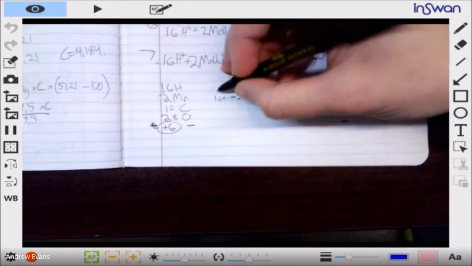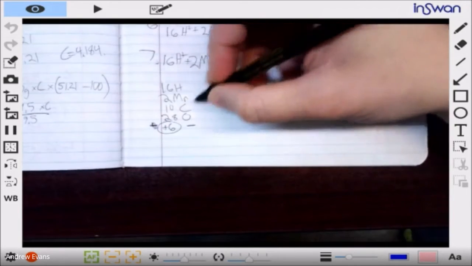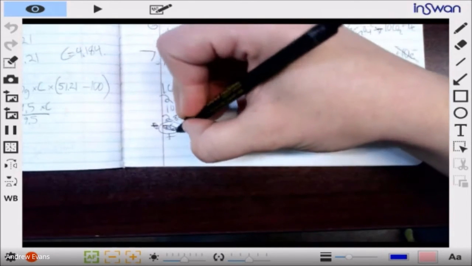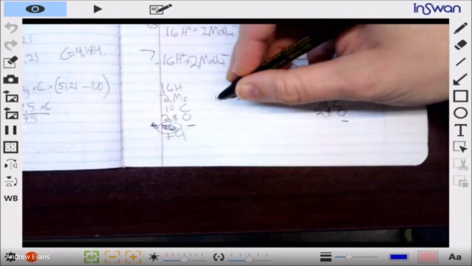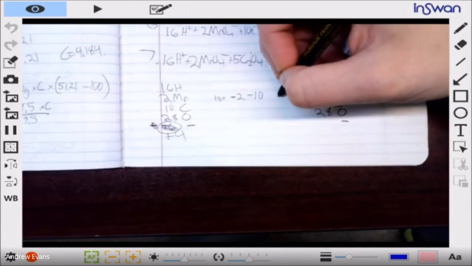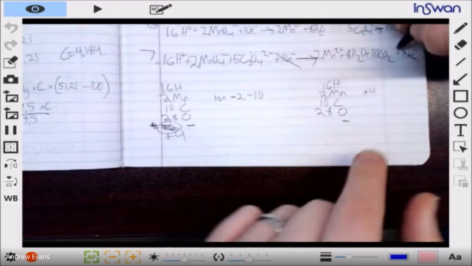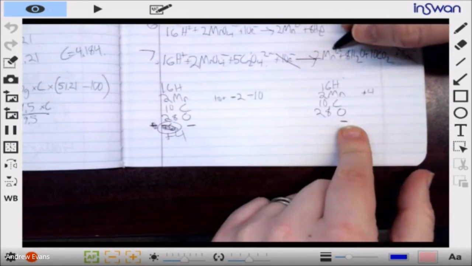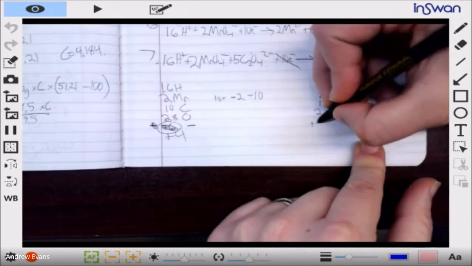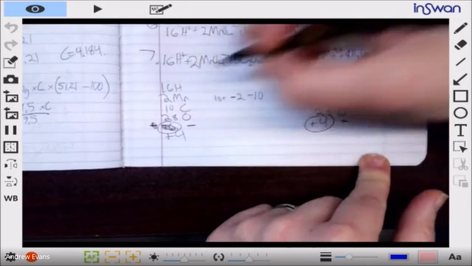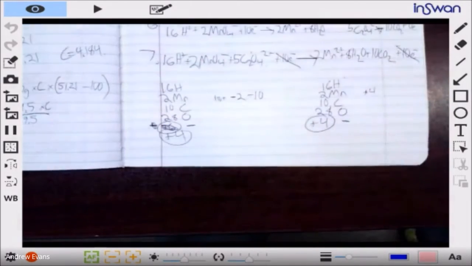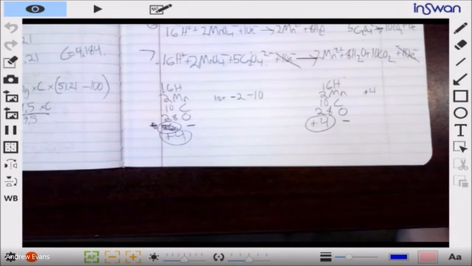Oh, I made a mistake. Gotcha. That's 4 plus. 16 minus 2 minus 10 is 4. And this is 2 times 2 is 4 plus. So the net charge on the left is 4 plus. The net charge on the right is 4 plus. The charges are balanced. This reaction is entirely balanced.